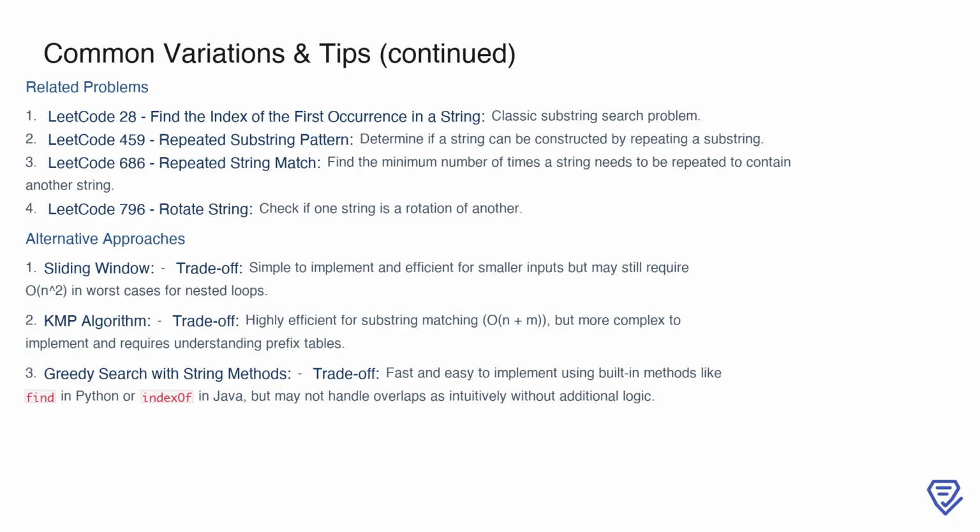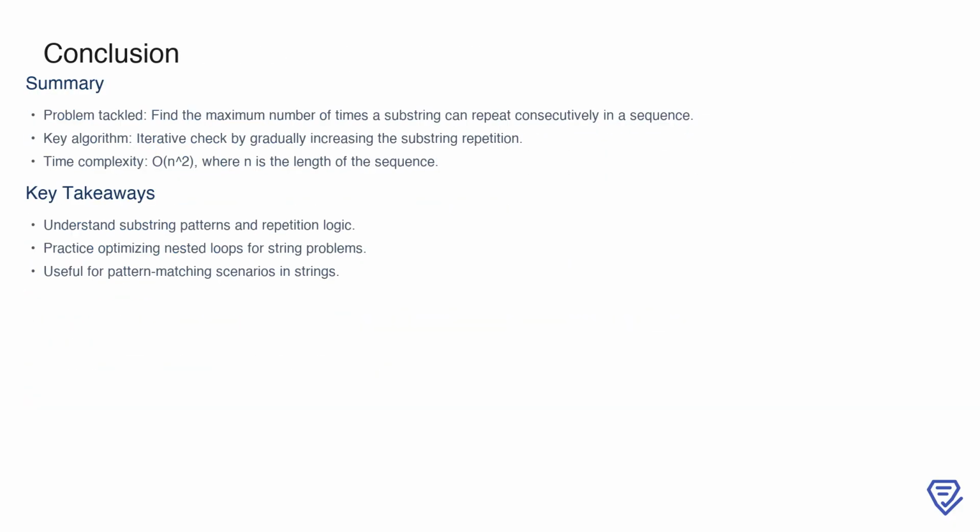Finally, you can use greedy search methods with built-in functions like find in Python or indexOf in Java for quick solutions. While these methods are fast and easy to implement, handling overlaps may require extra logic. Each approach has its trade-offs, so choosing the right one depends on the problem constraints and your familiarity with the techniques. Great work on completing the problem.